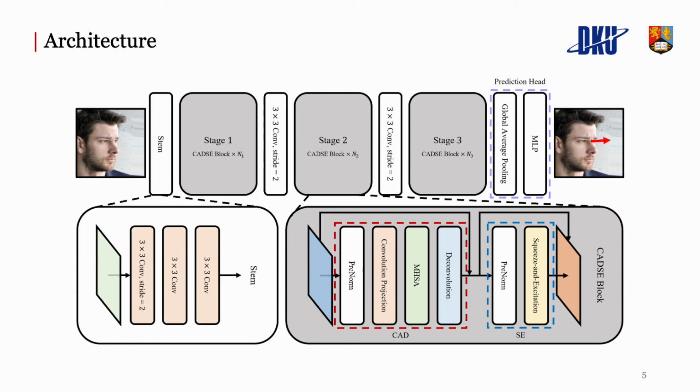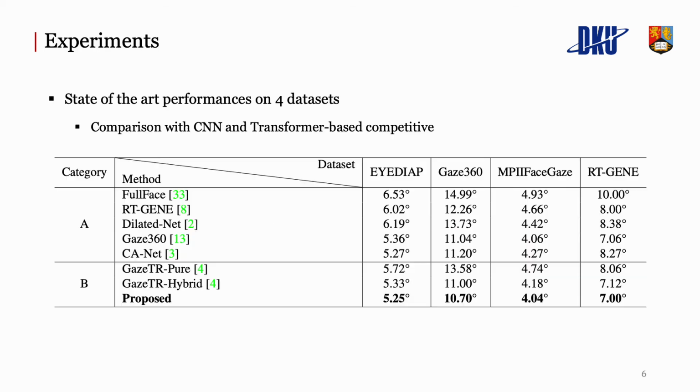This figure shows the overview of our framework. The model is divided into 3 stages, and each stage contains a specific number of CADS. Such structure is very common in vision models. We just replace the traditional convolution layer with CADS. To verify the performance of the proposed method, we conducted experiments with 4 well-known datasets in gaze estimation.